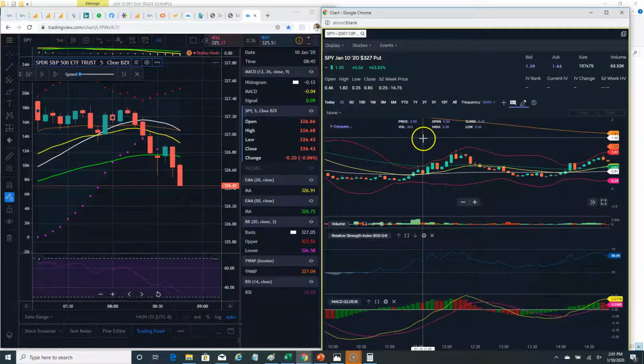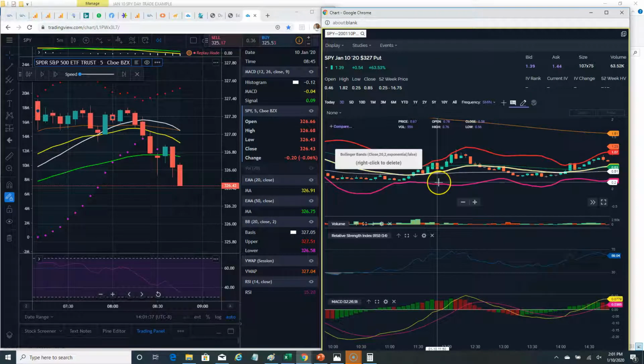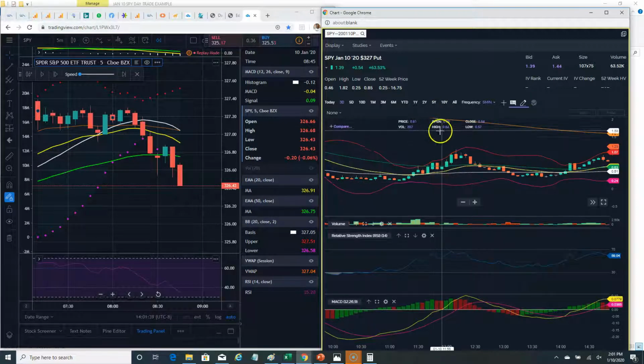So here it is, 8:45 is here. Look at the open, the high, the low and the close. You could have gotten into this option between 56 cents and 76 cents. That's a wide range, so I will show you exactly how it panned out for us.